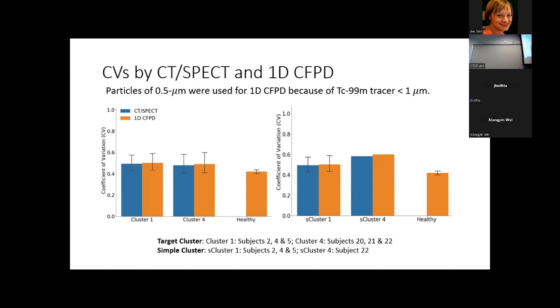And you can see the CV is higher than cluster 1. Okay. So I hope that in the future we are able to recruit more subjects to verify the difference between the two.